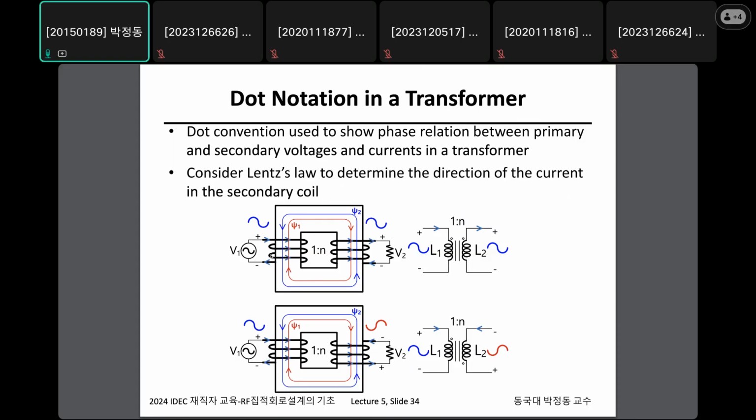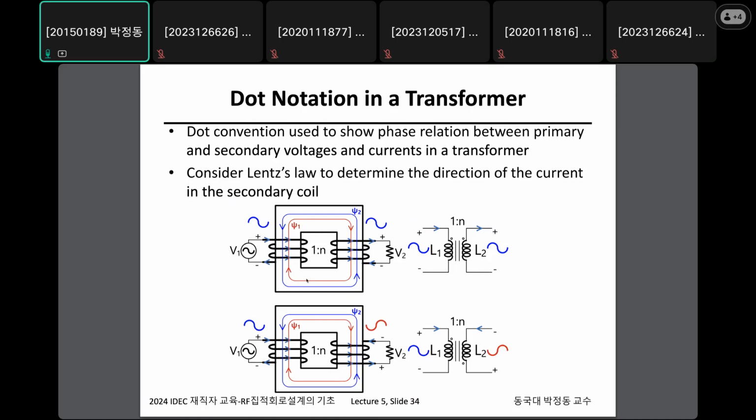Okay. In this way, due to the right hand rule, the induced magnetic flux is phi 1, which is circulating clockwise. Right?